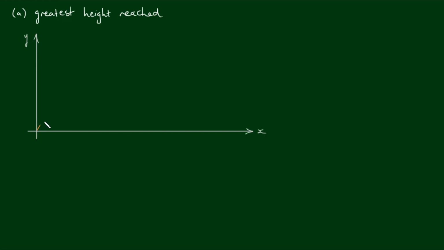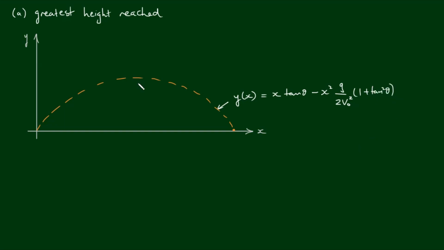I'm just going to sketch out the trajectory, which has the equation y of x equals x tan theta minus x squared by g on 2 by v0 squared by 1 plus the tangent squared of theta.